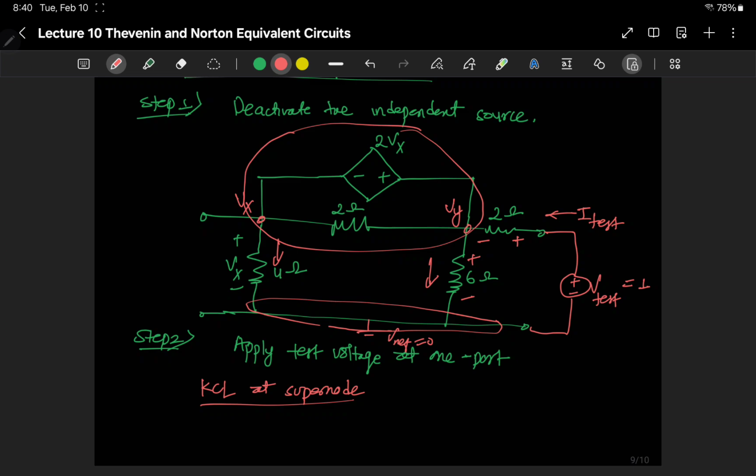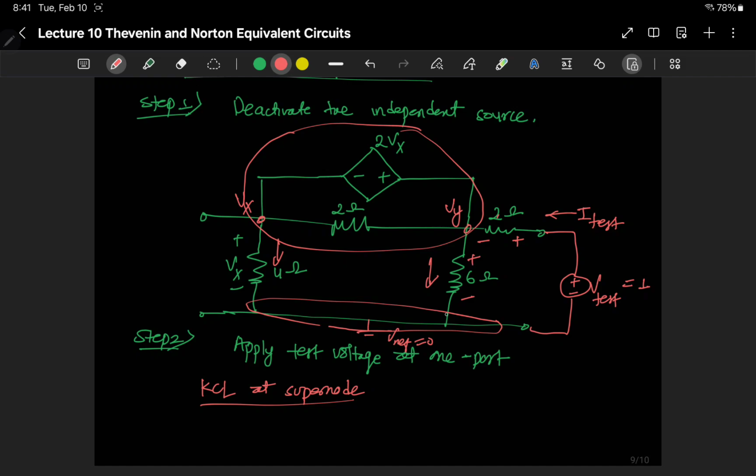In KCL at the supernode, what is the current entering the supernode? That is the difference V test minus Vy divided by 2, which is basically I test, written as a difference between voltages. That's what we do with KCL for the node voltage method. So V test minus Vy divided by 2, which is 1 minus Vy over 2, is the current entering.